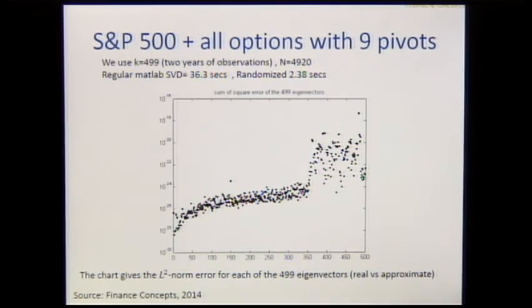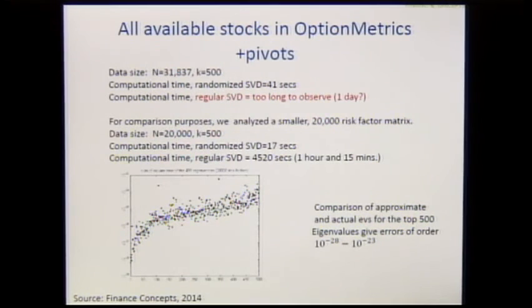We use 499 stocks, 2 years of observation, K equals 499. The 499 stocks times 10, because we have 9 pivots per stock, takes 36 seconds, here 2 seconds. But we have to do the big matrix, and this grows cubically. So if you do the big matrix, you go from something like a day to 41 seconds, or from an hour and 15 minutes to 17 seconds.